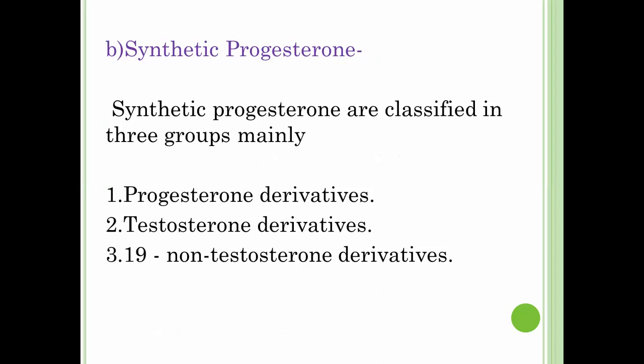Synthetic progesterones are classified into mainly 3 groups. First is progesterone derivative, second is testosterone derivative, and third is 19-nor-testosterone derivative. How many classes are there in synthetic progesterone?